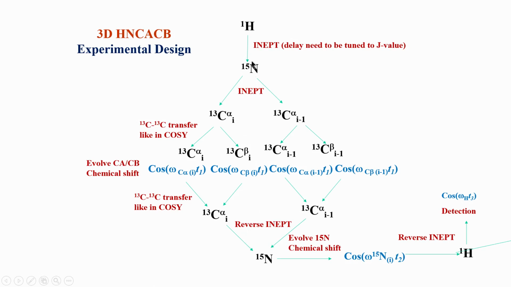We are reversing this whole process here, and then we evolve the chemical shift of nitrogen because we need that value, and once we evolve it, that goes as N15 I T2.